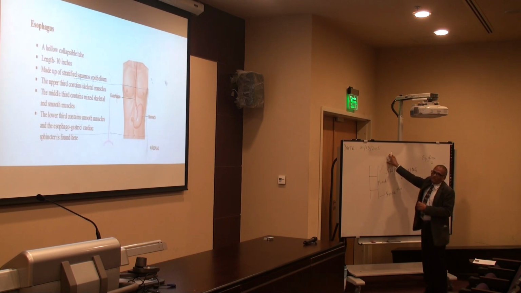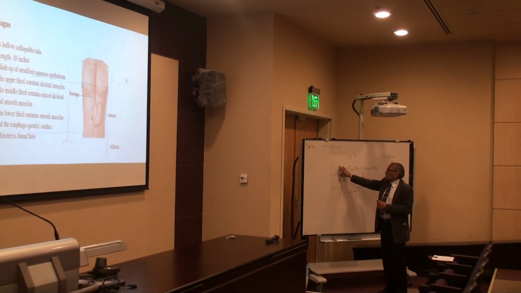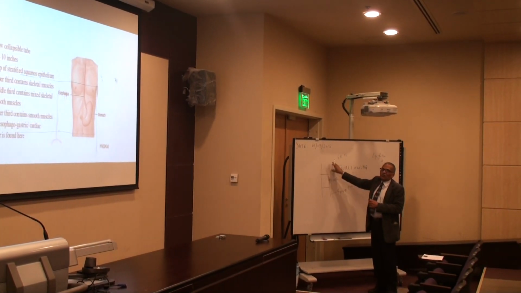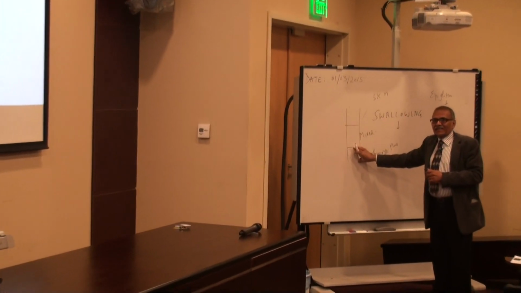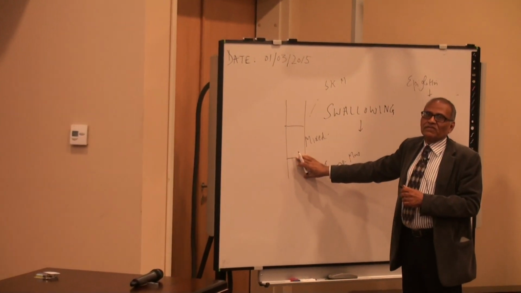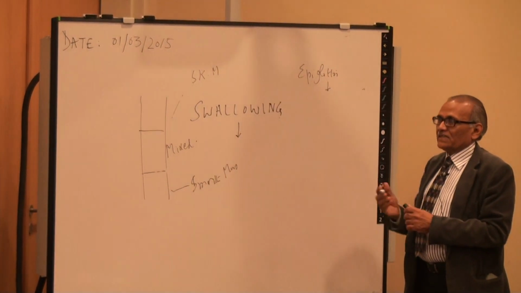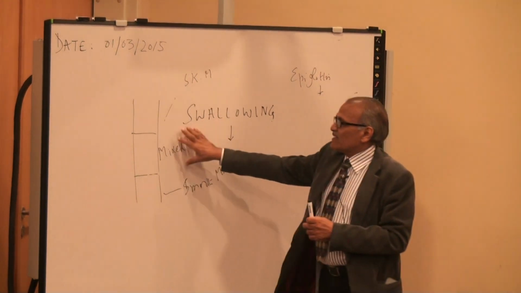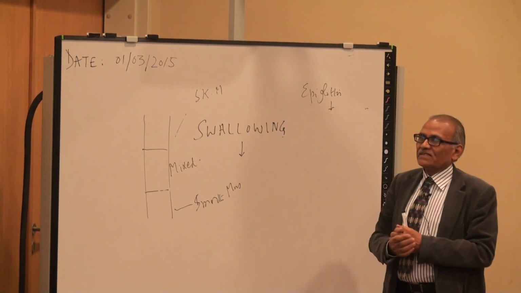Skeletal muscles we can move on our own will. So in the first part we have to swallow. Even if the food is placed in the pharynx and we do not swallow, it will not move down. So we have to swallow, and once we swallow, we cannot take it back, due to the smooth muscle arrangement which works automatically. So this arrangement of smooth and skeletal muscle denotes the function of this tube.